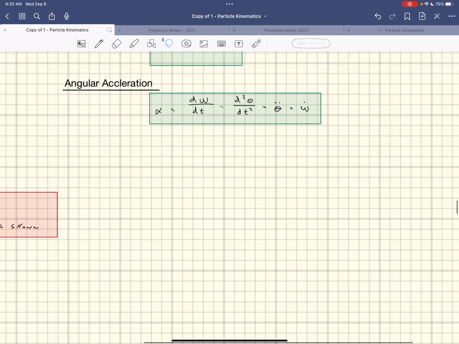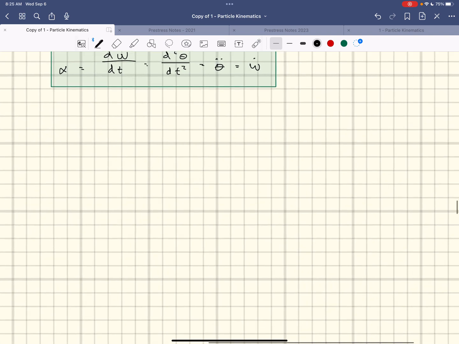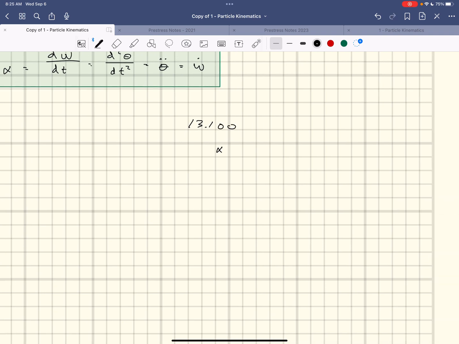All right. So then one more thing. One of your homework problems this week, 13.100. I'm going to give you a little hint on that one. In that case, alpha is a function of theta. It's a circular motion one, right? Alpha is a function of theta. This is the same thing as acceleration being a function of position, right? So when we did our cookbook before, we said we have 1D problems.